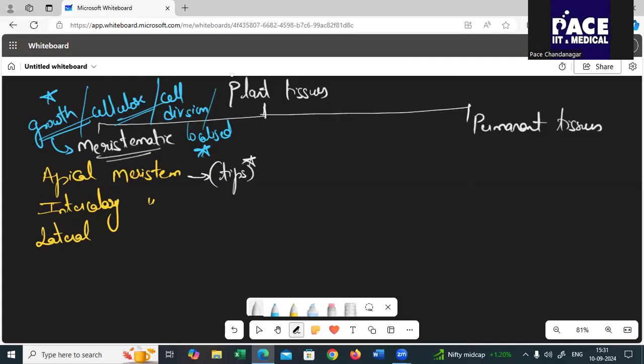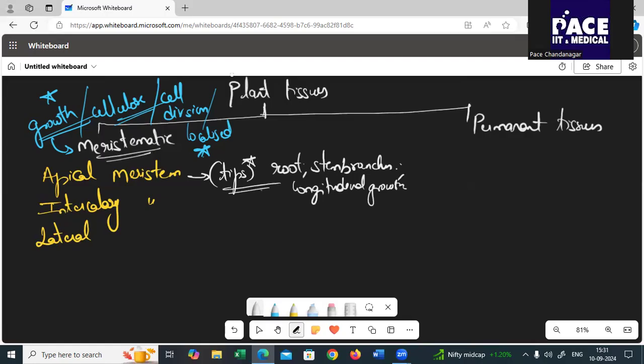If I have to talk about roots, root is one tip, then shoots, stem, branches, right? Wherever longitudinal growth is seen, longitudinal growth, I would say, because whatever the roots and all, and leaf tip also, like any tips of the plant.